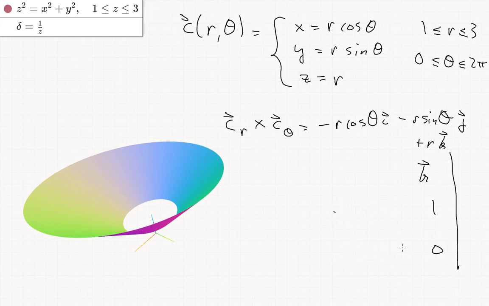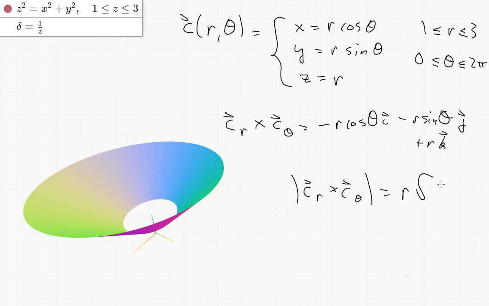And so the magnitude of that, C r cross C theta, is, so here we'll have an r squared and then another r squared, so I have r root 2, and so d sigma is r root 2 dr d theta.